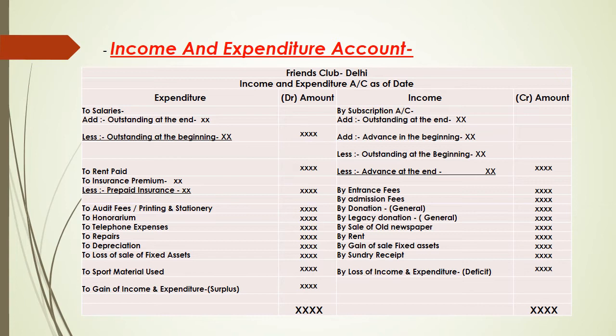After all the expenditure and income items are recorded, we have to add them separately for expenditure and income. After that, if the expenditure is more than the income, we call it a deficit. You see my point: a deficit, or loss, is shown on the income side, which means the expenditure amount is more than the income amount.